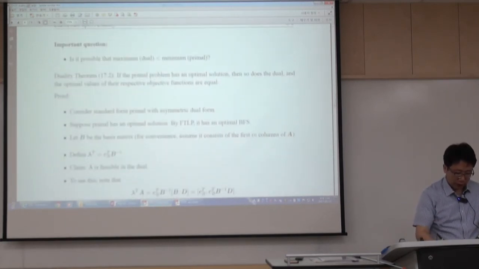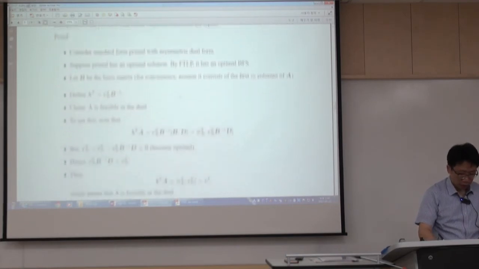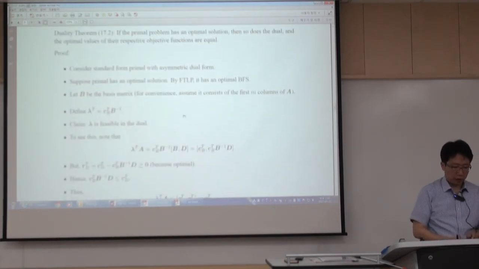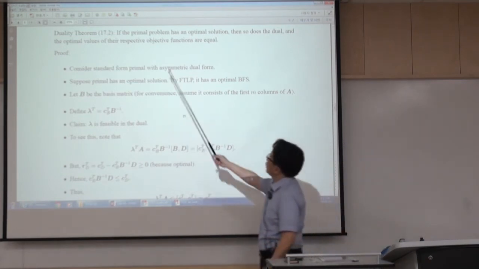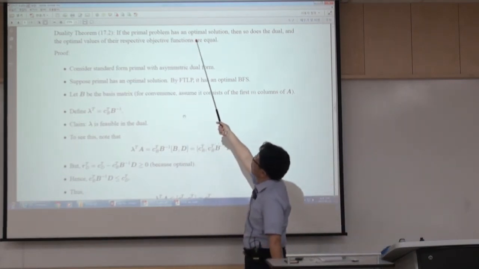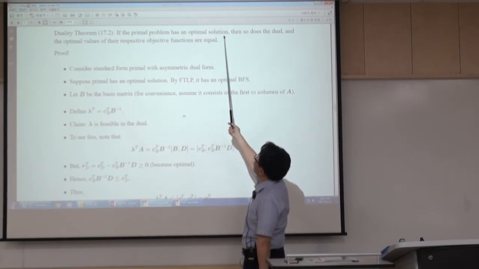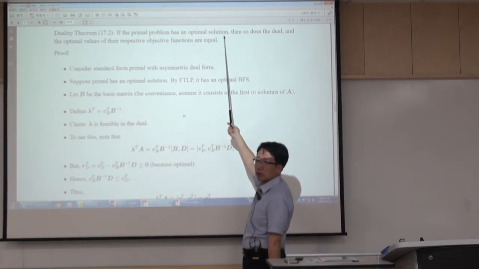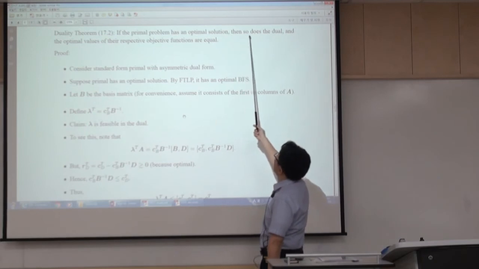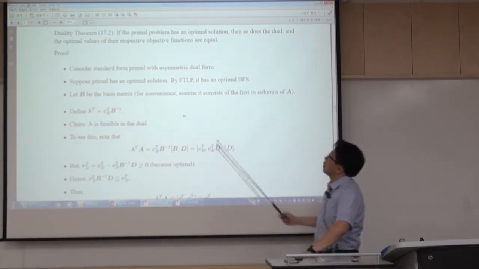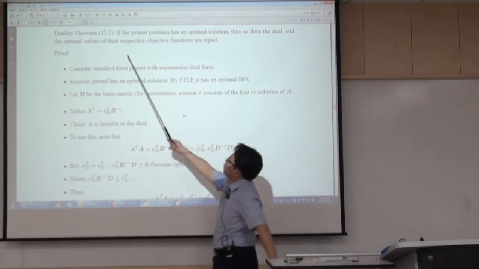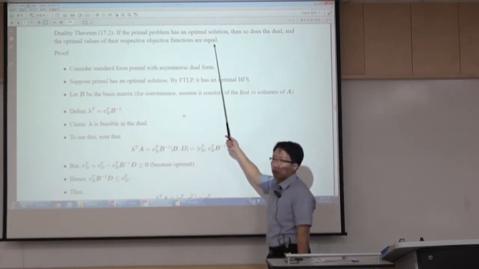Now, here goes the duality theorem. Here, the primal problem has an optimal solution. This is the assumption. Then the dual also has an optimal solution, and the optimal values of their respective objective functions are equal. What does that mean?